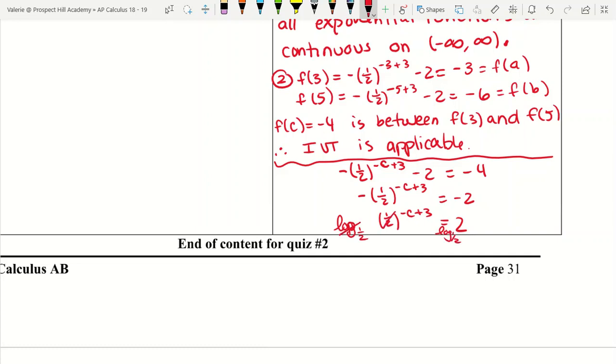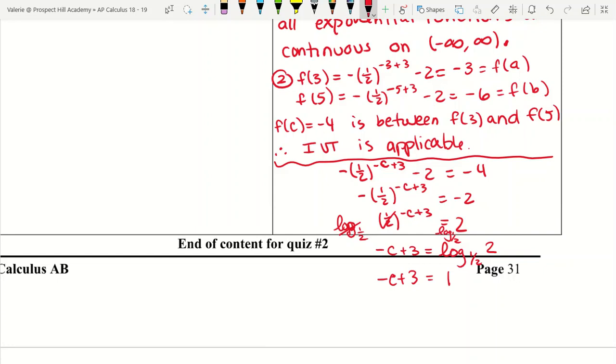Now we'll cancel out the half. So we have negative c plus 3 equals log base 1/2 of 2. Log base 1/2 of 2 is equal to 1. So we have negative c plus 3 is equal to 1.